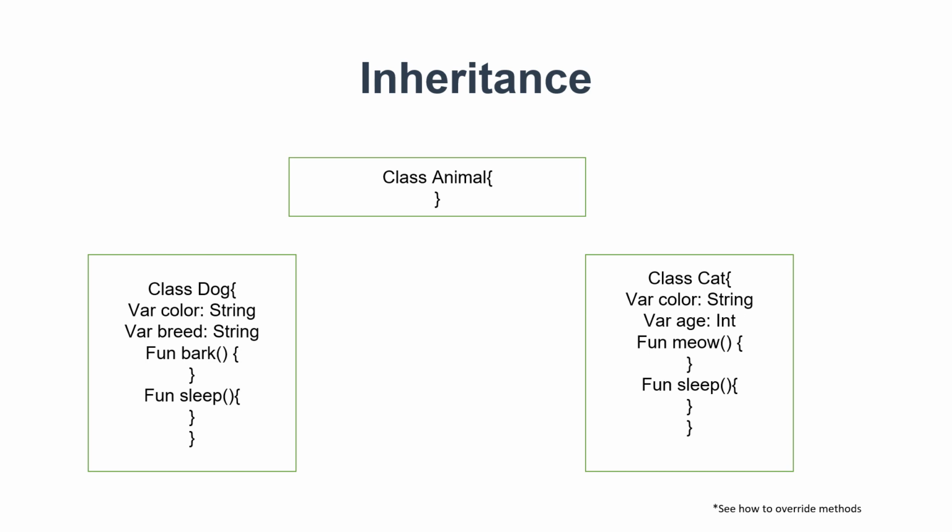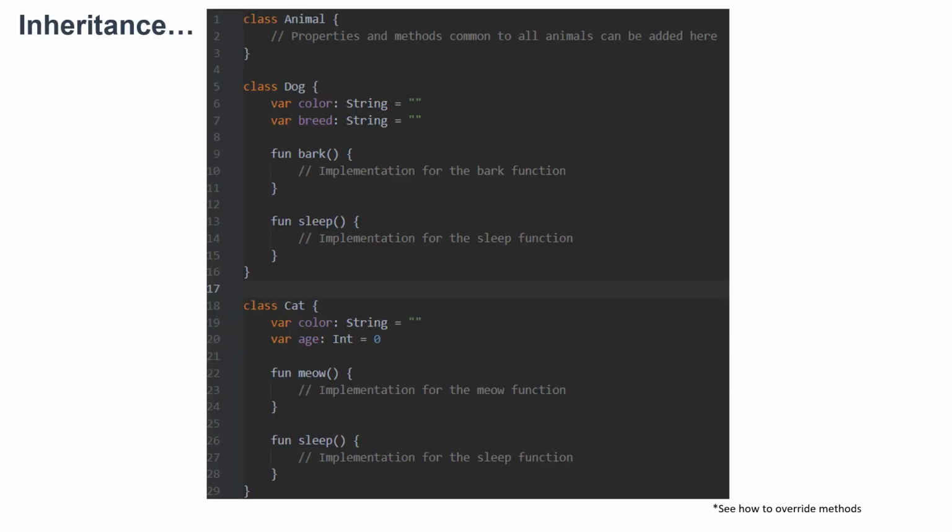The Animal class is included, and you can add common properties and methods shared among all animals to it. So you can see how to override methods and understand what is happening in inheritance. See how you can use the Animal class with the Dog and Cat classes in programming.